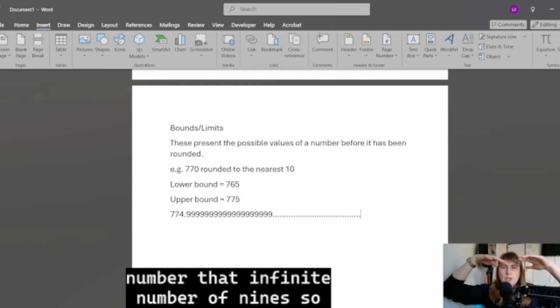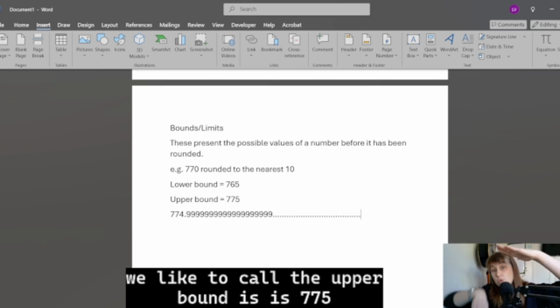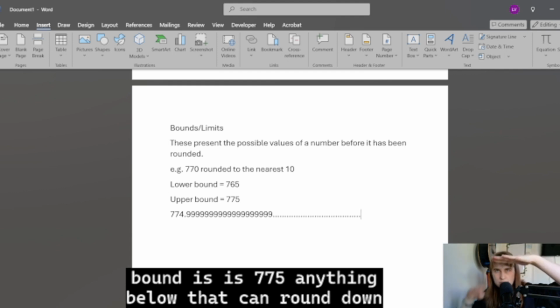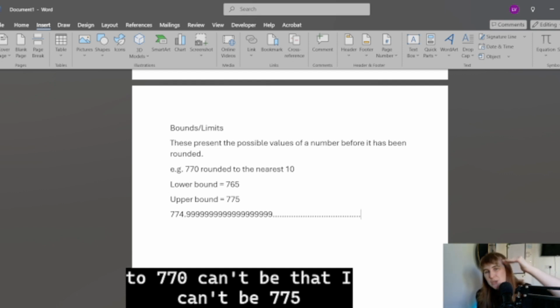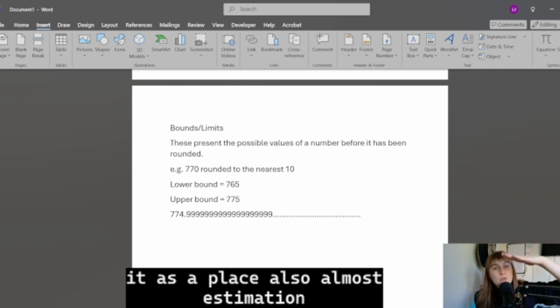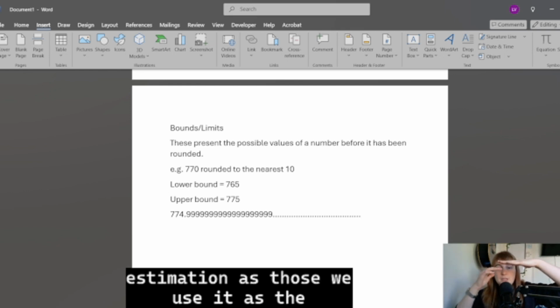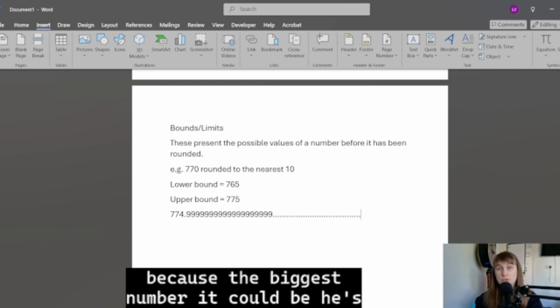So what we like to call the upper bound is 775. Anything below that can round down to 770. It can't be that. It can't be 775. But we use it as a place, also almost estimation, I suppose. We use it as the upper bound because the biggest number it could be is just impossible to write down.